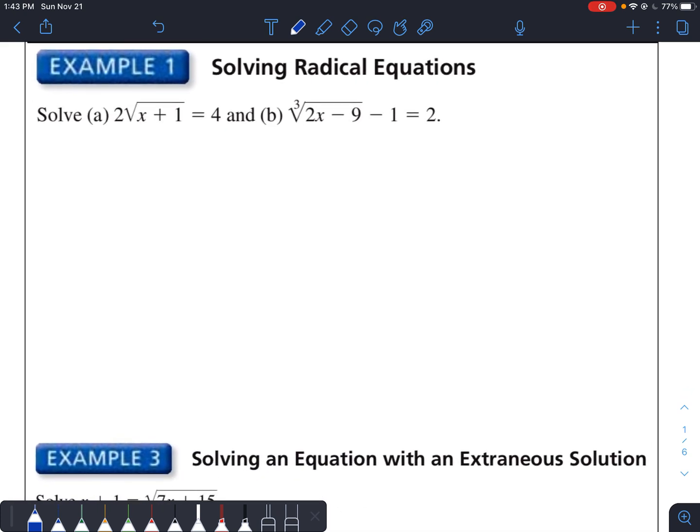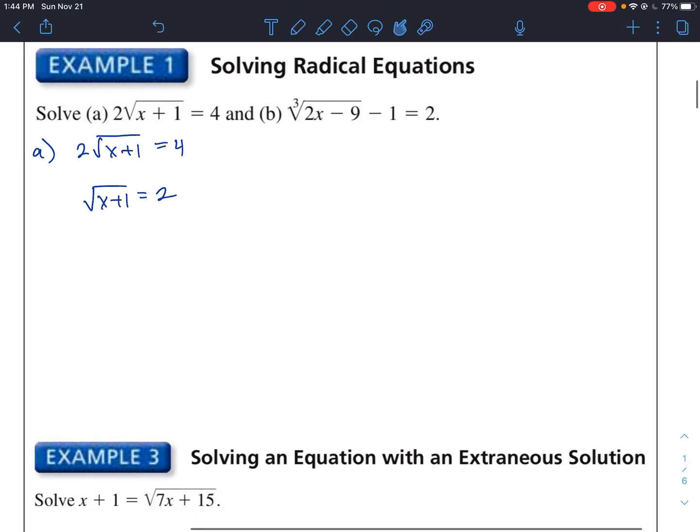So for A, we have 2 square root of x plus 1 equal to 4. Now we want to get this radical expression right here by itself, meaning I'm going to divide by 2 on both sides. So when I do that, I'll have square root of x plus 1 is equal to 2.